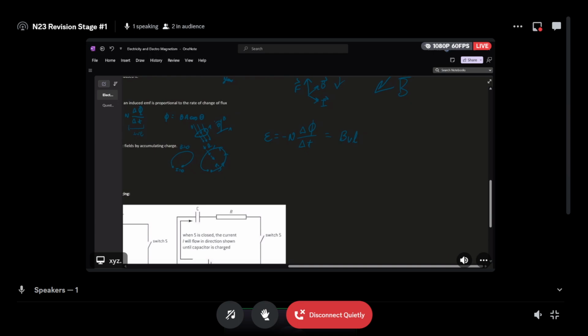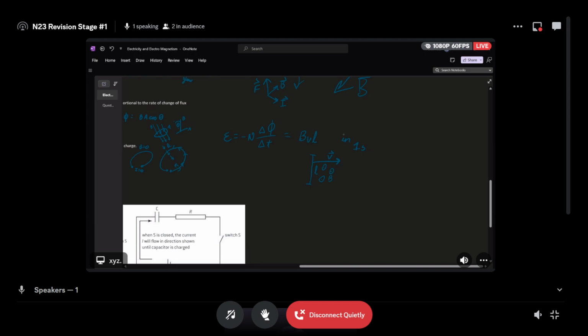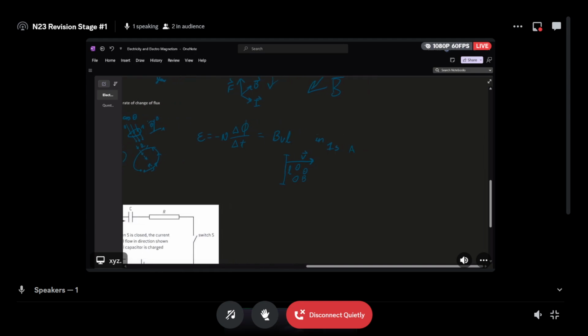If you have a conductor of length L moving at velocity v through a field, say the field goes out of the page, B, in 1 second, the area it goes through, dA in 1 second, is vL, right?